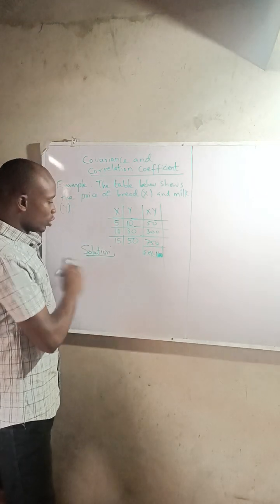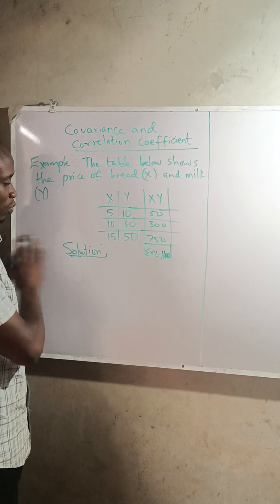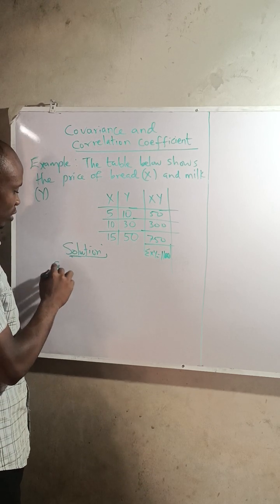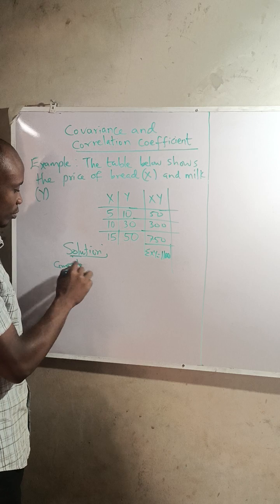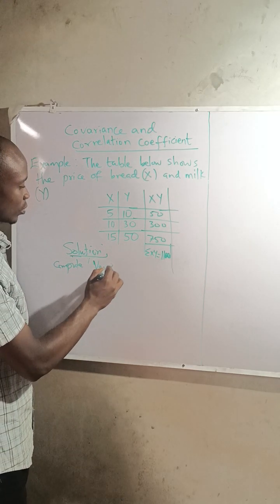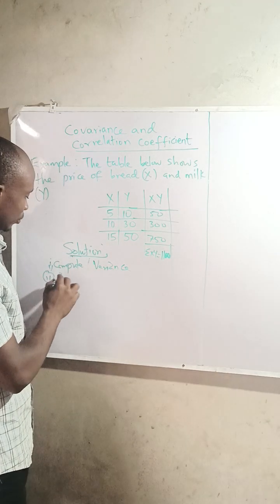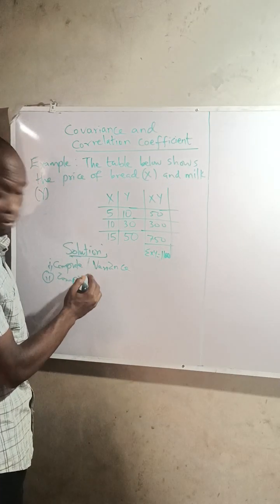So the first thing we need to do is, in this question, we are required to compute variance. We're going to compute variance, and we are also going to compute the correlation coefficient.